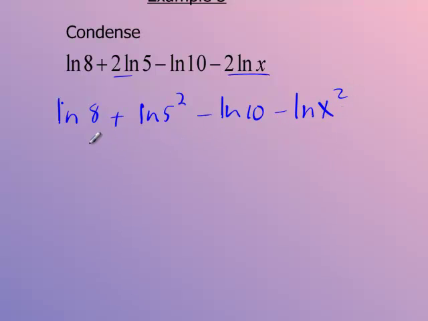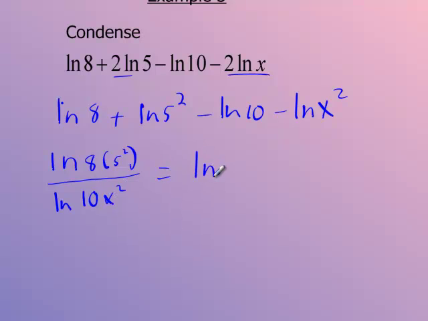Okay, now I'm going to work this from left to right. So I'll have the natural log of 8 times 5 squared, and since both of these are subtraction, they both go in the denominator. So I'll have the natural log of 10x squared.